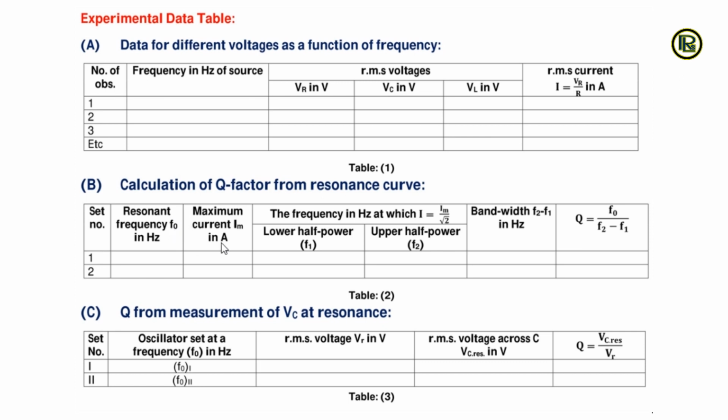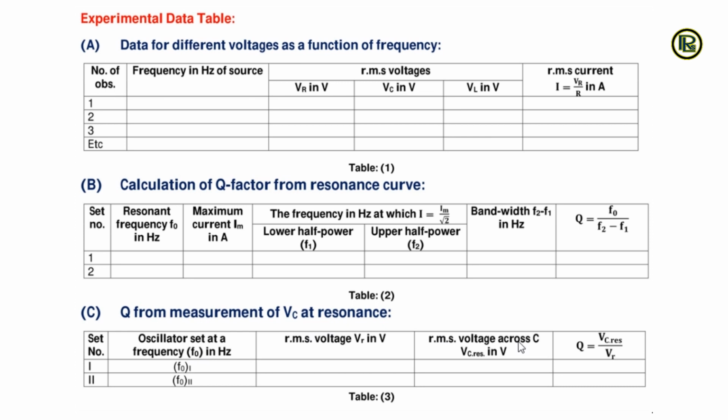Resonance frequency you have to note down, and the maximum current you have to note down. The frequency in hertz at which, that means the lower half power frequency and upper half power frequency you have to find out. Then bandwidth will be f2 minus f1 and Q will be f0 by f2 minus f1.